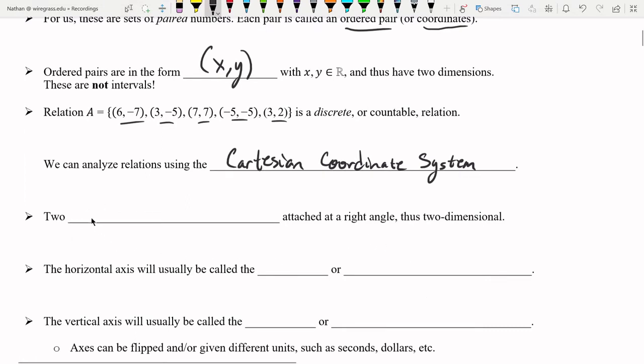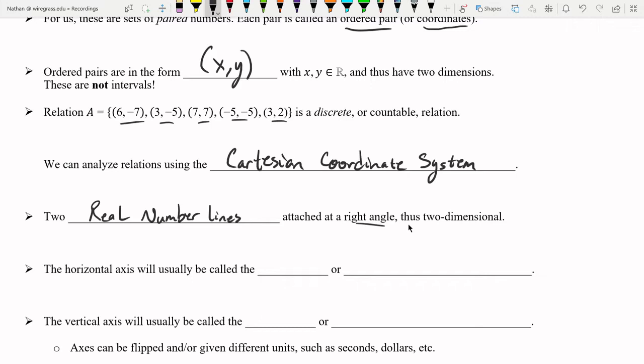It's just two real number lines attached at a right angle, and the right angle is a key thing. That's what makes this Cartesian coordinate system rectangular, which is not really important right now, but also because there are two real number lines, it's a two-dimensional coordinate system.